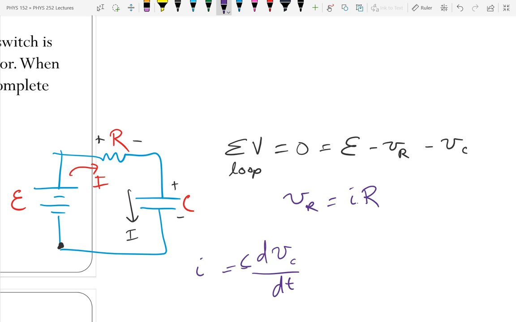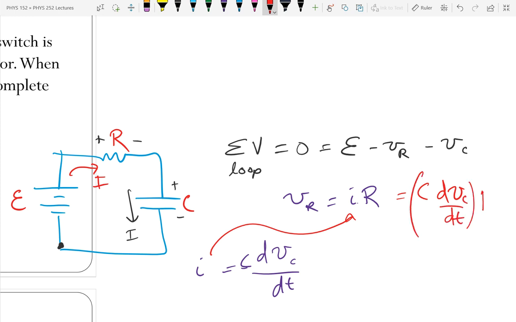So since the current through the capacitor is that, it has to be the current everywhere. So I'm going to substitute that in and have I equals C dV capacitor dt times the resistance.